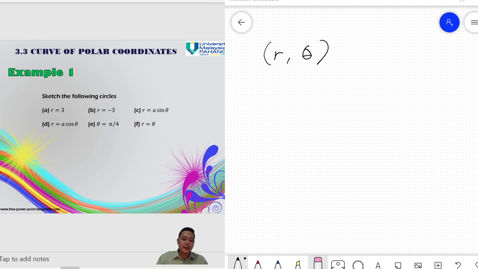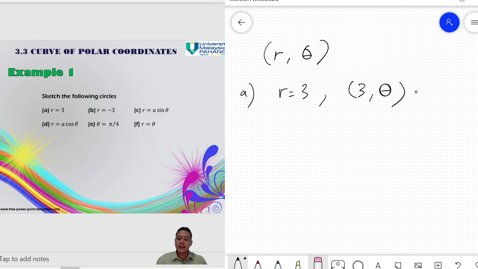So we start with r equals to 3. In this example, if r equals to 3, and we change it into a polar coordinate, then it will be (3, theta). And this time r is fixed at 3 and theta is not given.